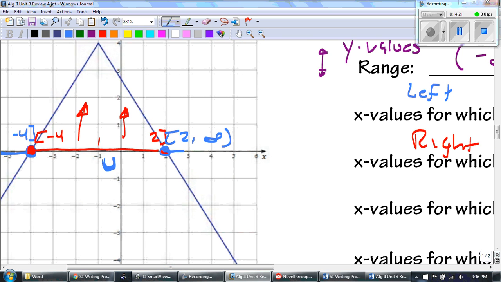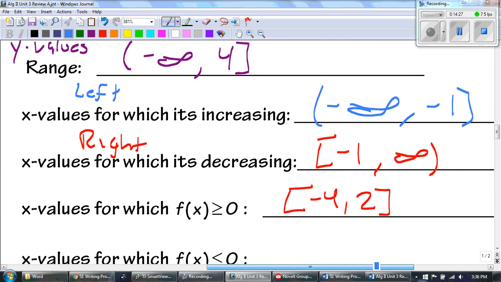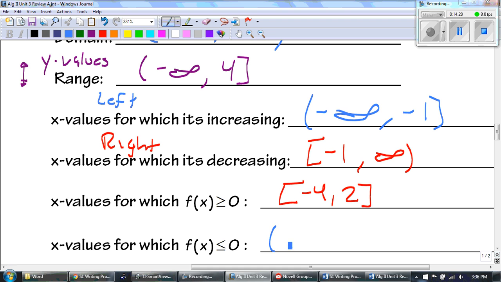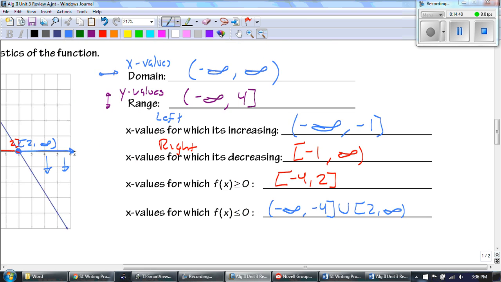So we're below that entire time, because that's where our graph is down here. So from negative infinity to negative 4, there's a break, and then it's from 2 to infinity. Okay? When you're doing this, make sure you pay attention to which one is greater and which one is below, because sometimes they flip it around.